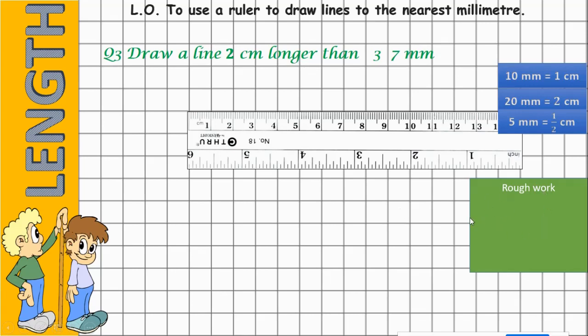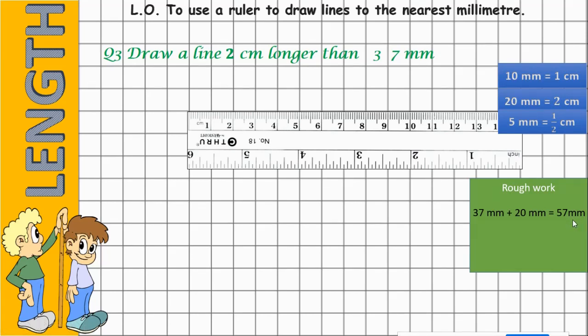Okay, so let's do our rough work here. 37 millimeters plus 20 millimeters. From where did I get this 20? 2 centimeters, nothing but 20 millimeters. So I've written it up over here, is equal to 57 millimeters. Now I have got the measurement of my new line.